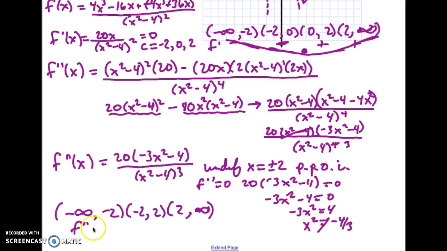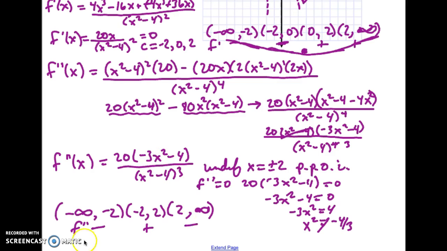So a negative divided by a positive is a negative. Between negative 2 and 2, let's pick a 0. So we get a negative on the top and a negative on the bottom, so that'll be a positive. And let's pick a 3. Again, we're going to have a negative.